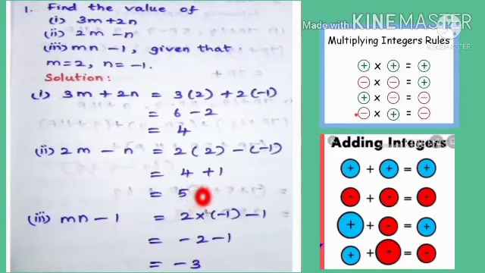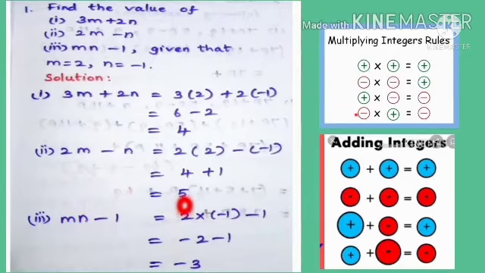Which is the required value for the expression 2m minus n. The last one is mn minus 1, which is the given algebraic expression. As a first step, we have to replace each variable by the given numerical values. That is, m is equal to 2 and n is equal to minus 1. So, mn, which means m into n.